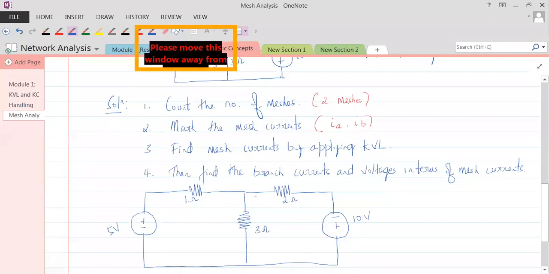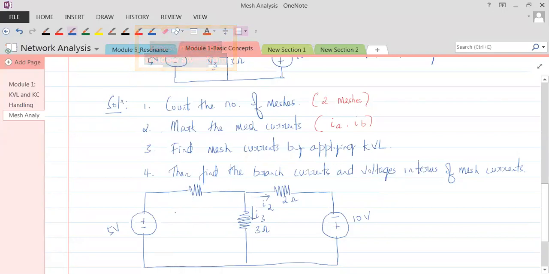I'm asking you to find out I2, I3. Then V1 and V3, plus minus. So this is how it is.